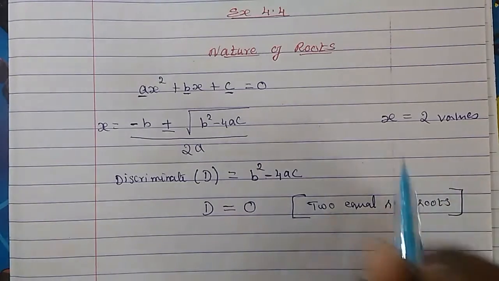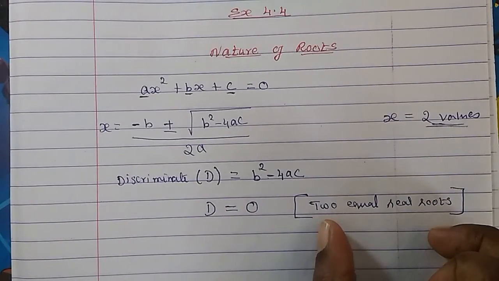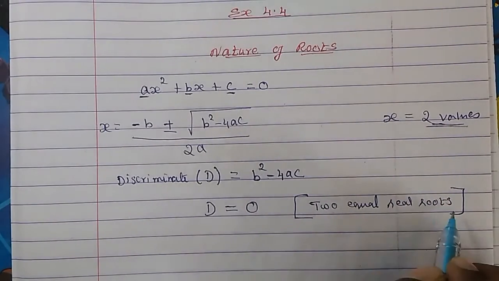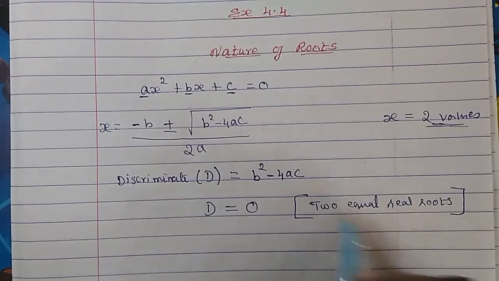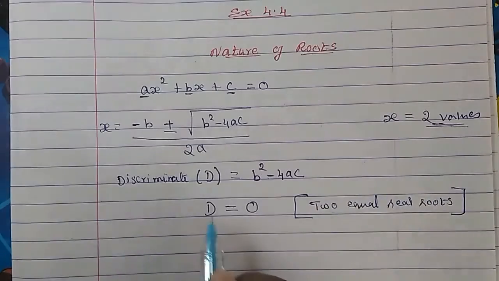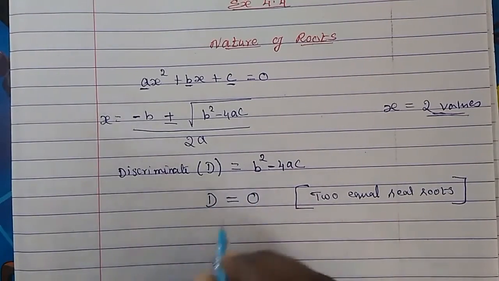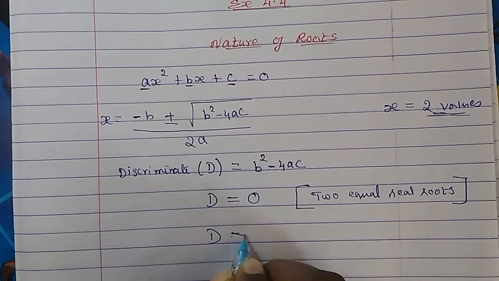The two x values will be the same. That we call two equal real roots. The same answer twice when D is equal to 0.